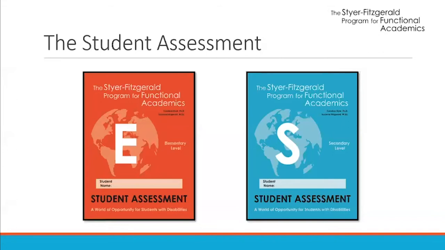For the first assessment they'd put the date and do it in pencil. For the second assessment, they'd put the date and do it in blue ink. If they needed to assess again, they'd put the date and do it in green ink so they could differentiate. But truly, you should only need to assess them once, as I said before, because this really is a placement test for the curriculum.